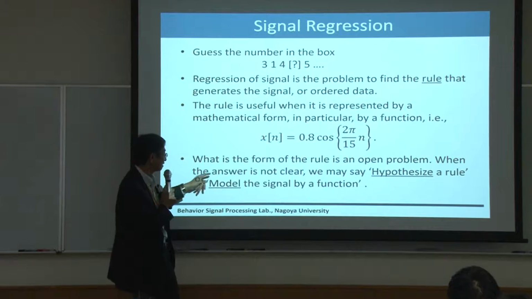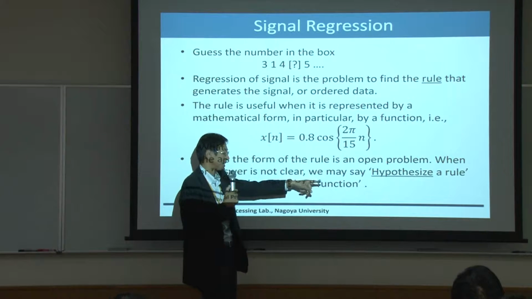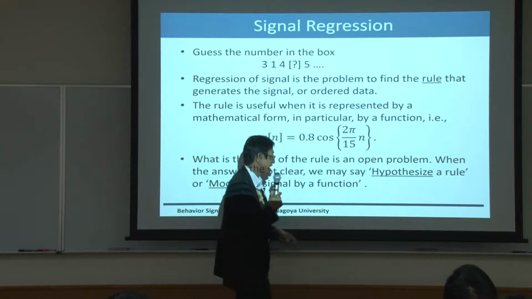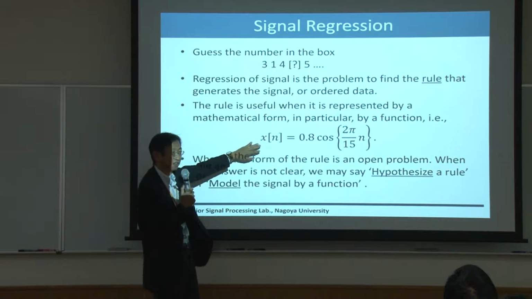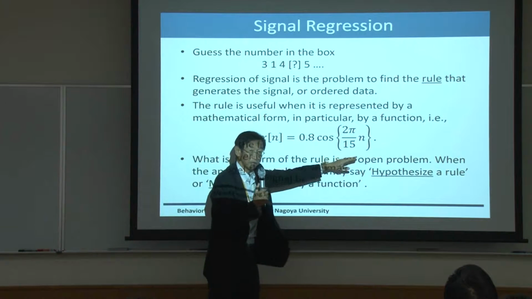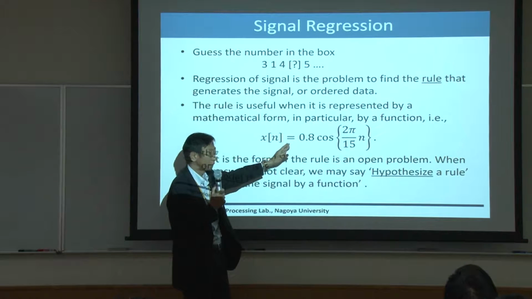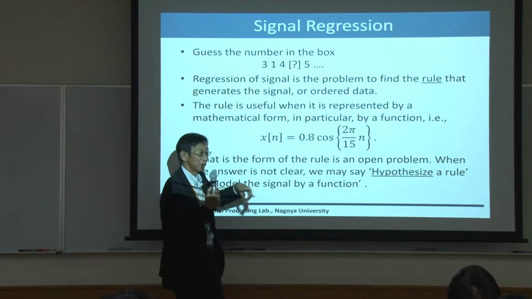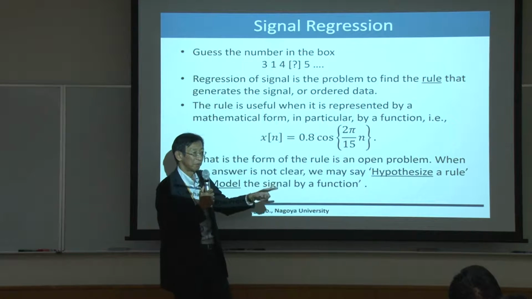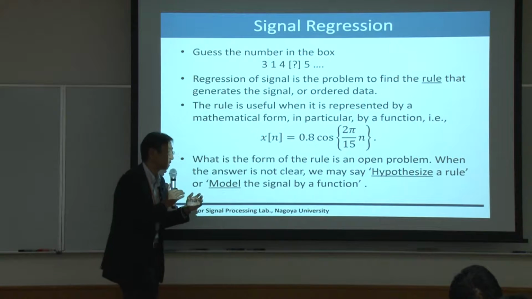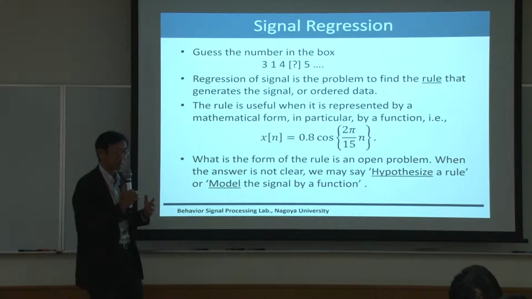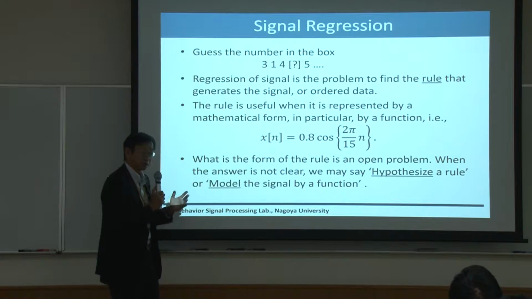So when the answer is not clear, we may hypothesize a rule, okay? Let's hypothesize that this signal has this sort of nature, which means that it is periodic with a period of 15 samples. So the periodicity of the signal is 15 samples. So that is a hypothesis.